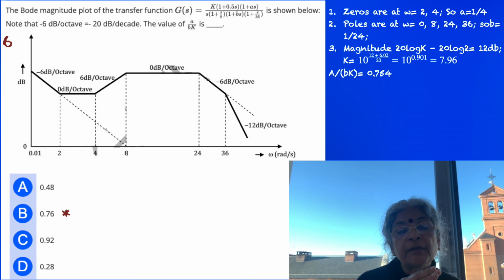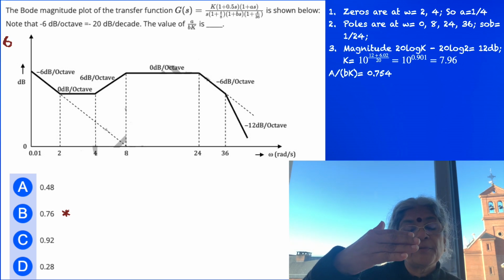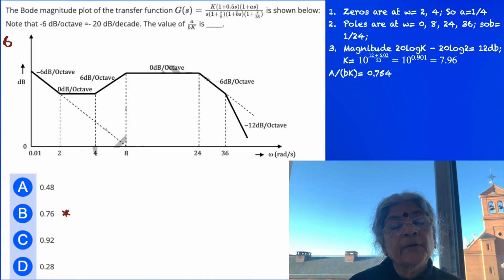If the minus 6 dB decay, which was the earliest slope, had proceeded as is shown in the diagram, it would have reached the frequency axis at omega is equal to 8. The gain would have been equal to 0 there. So we are saying that the gain would have reached 0 at omega is equal to 8.